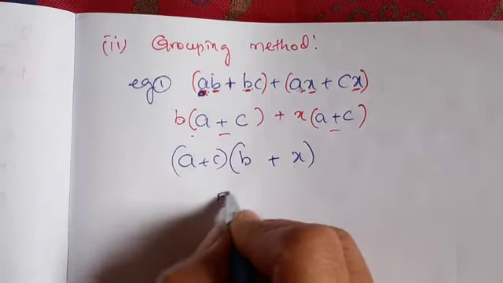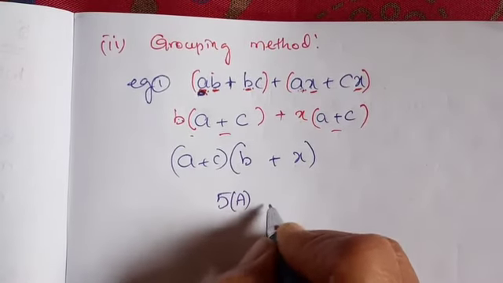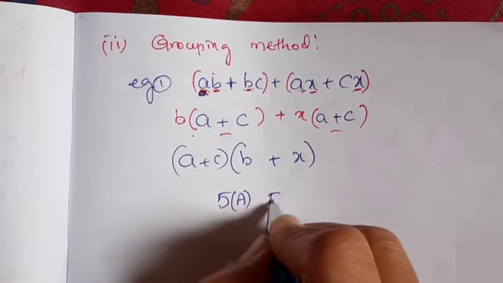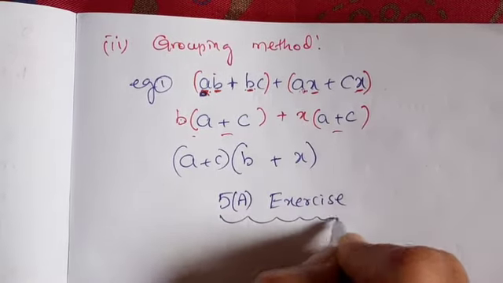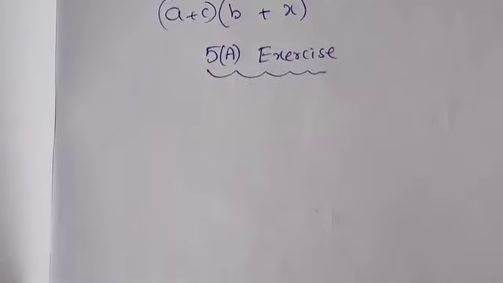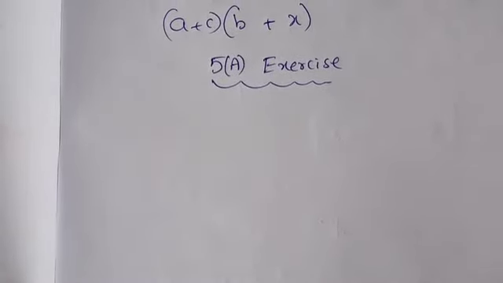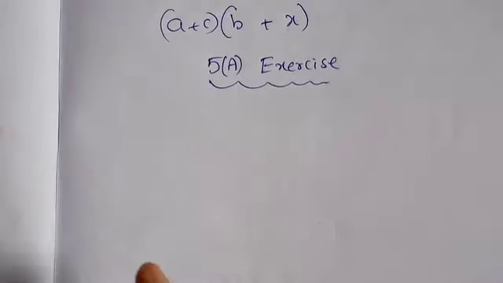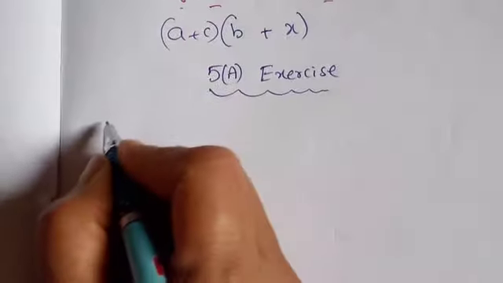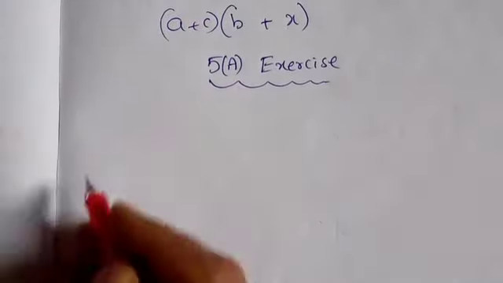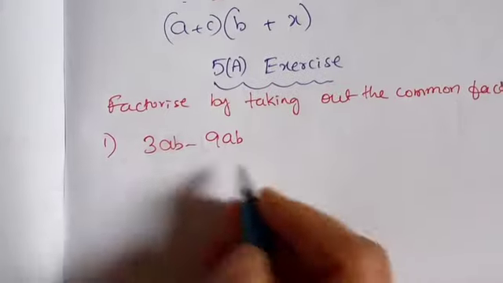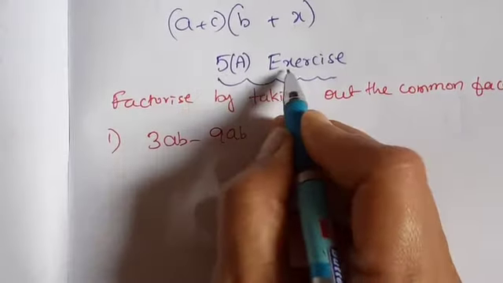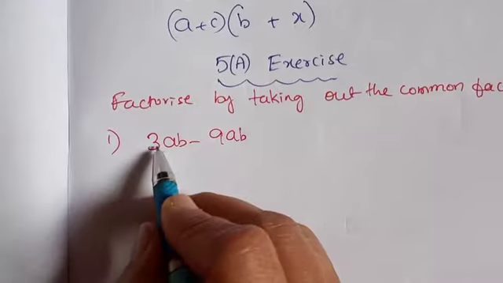Okay, I can start the exercise 5A. Children, we will start the exercise without wasting a lot of time on examples. Factorize by taking out the common factor. First question, 3ab.